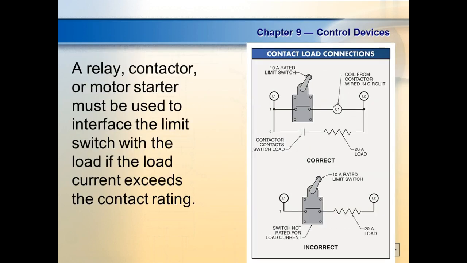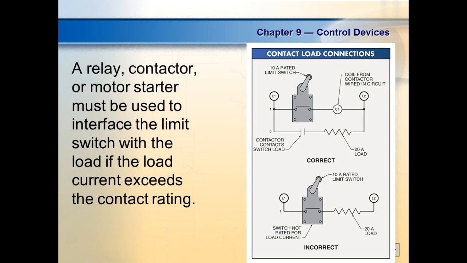Don't need to look at arcing contacts. We also, a lot of times, use relays. What's nice about a relay is that we can buy smaller limit switches that can't run our load. It's very seldom that we have a limit switch that can run a pretty good sized motor. But what we would do is use a limit switch to bring in a relay, you understand, and then use the contacts of the relay to run the motor. Here, they're saying, okay, I've got a 20 amp load.